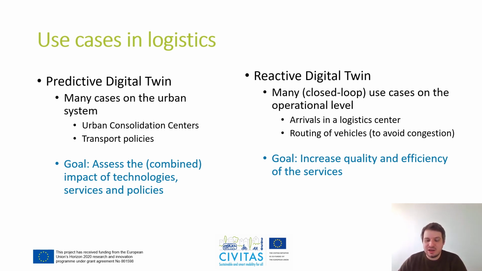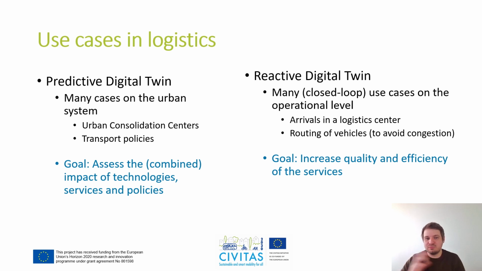So there we can have concepts such as urban consolidation centers, where a new central spot is installed in a certain neighborhood in a city, and then all flows of goods, of parcels and so on arriving in this neighborhood must pass through this urban consolidation center, and then all of this is distributed on the finer level, on the last mile, with emission-free vehicles, for instance.